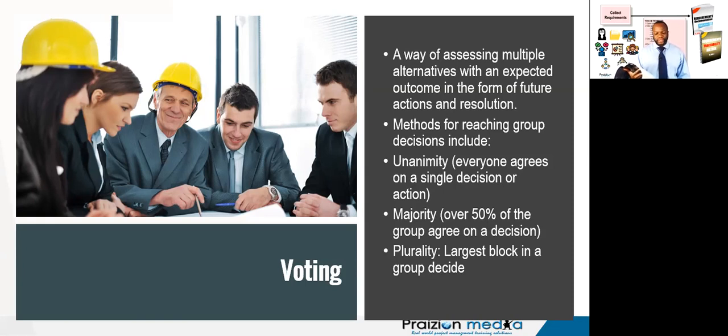Then we have majority, a decision that is reached with support obtained from more than 50%. More than 50% must agree for it to be majority. Then we have plurality, a decision is reached whereby the largest block in a group decides, even if majority is not achieved. And still under decision making, we have autocratic decision making.